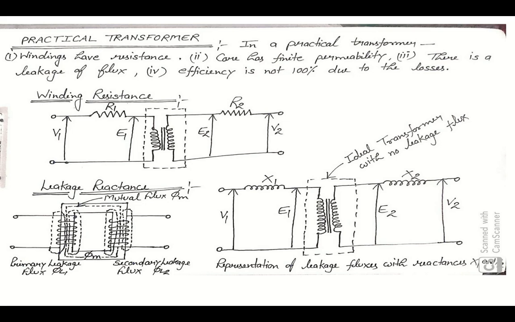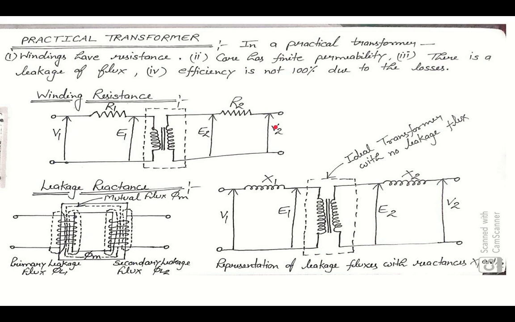First of all, here we are discussing winding resistances. You can see the winding resistances in this diagram. Here R1 is the primary winding resistance and R2 is the secondary winding resistance. An ideal transformer is supposed to possess no resistance, but in an actual transformer there is always some resistance in the primary and secondary windings.